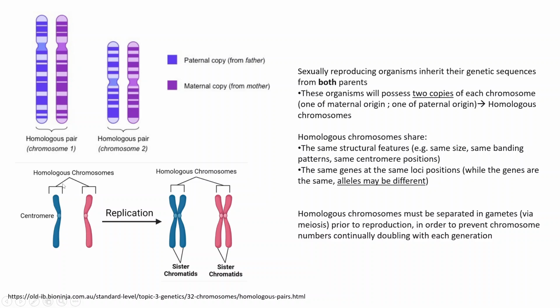So this is a chromosome, say chromosome 1, and this is chromosome 2. Now, in S phase, we double it. So we have a sister chromatid pair. This is chromosome 1 consisting of two identical sister chromatids. This is chromosome 2 consisting of two identical sister chromatids.